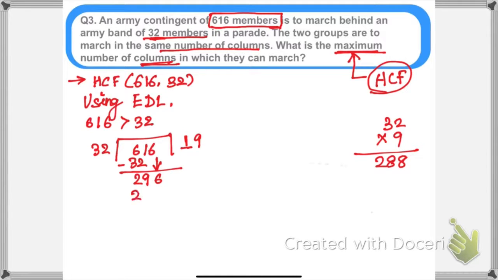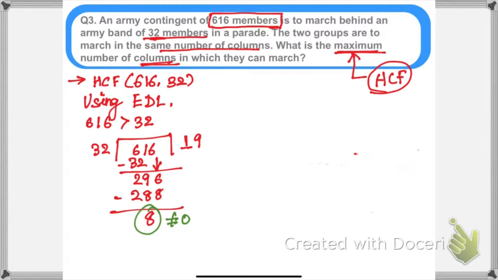So here you will get 288 and the remainder will be 8. So again you can notice over here that the remainder is not equal to 0, and since the remainder is not equal to 0, we'll again have to divide it further. So before dividing it, you can write it as dividend is equal to divisor into quotient plus remainder. So 616 will be equal to 32 into quotient 19 plus remainder 8.